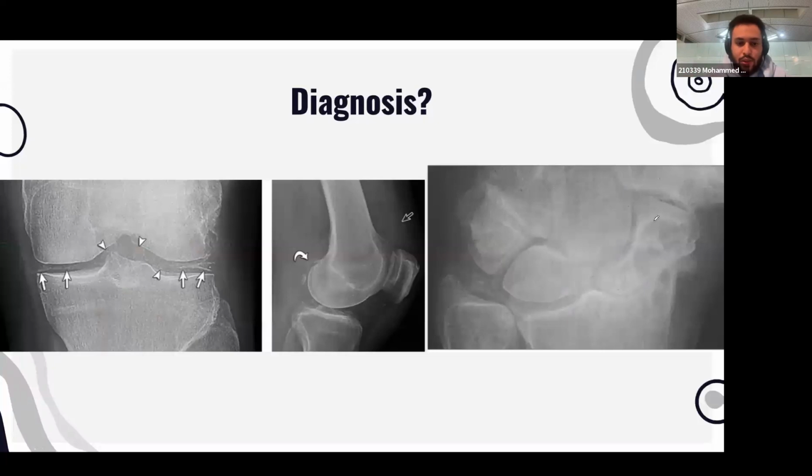Now, can someone tell me what this diagnosis is? And gout also is usually presenting at one joint at a time. For example, the big toe is very important. If you see a big toe case, think gout. Perfect. Pseudogout.